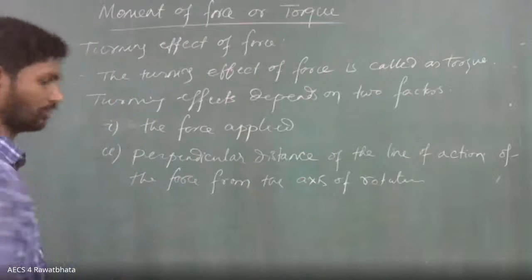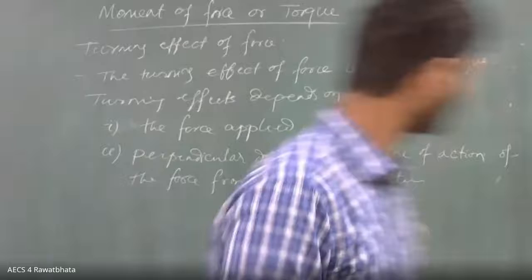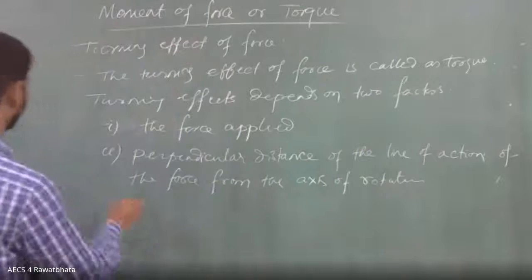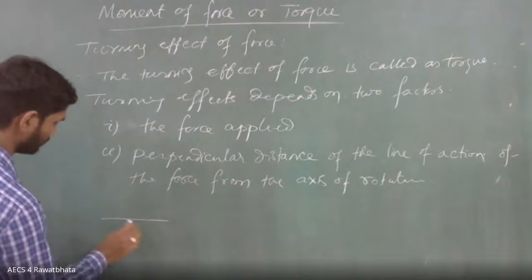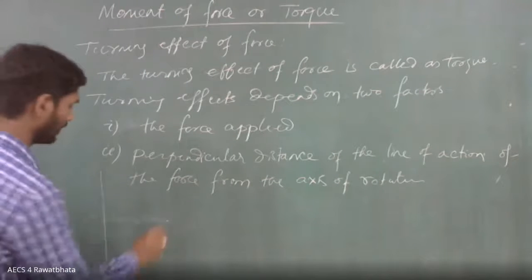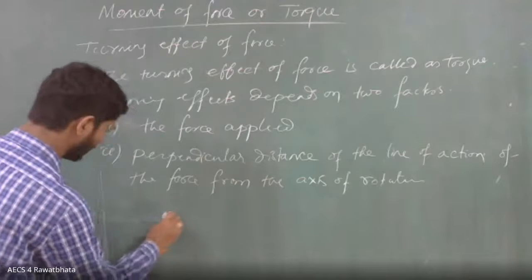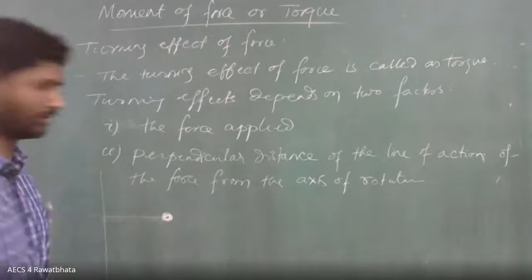rotation. Okay, so if I draw a figure it will be clear to you. For example, force is applied here. This is the axis of rotation, let us say, and here is an object that is somehow tied, you can imagine anyway.